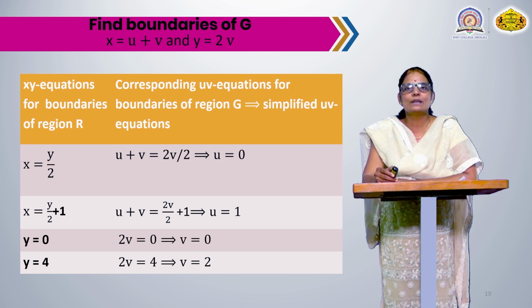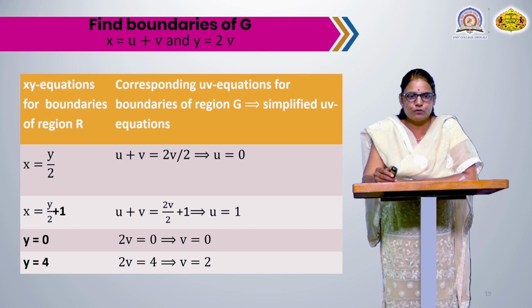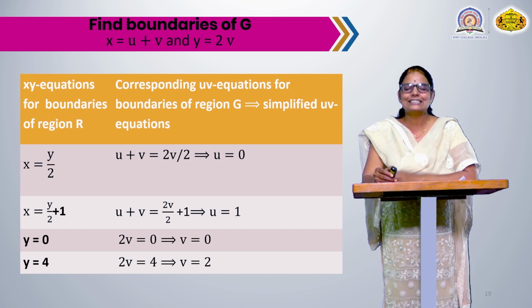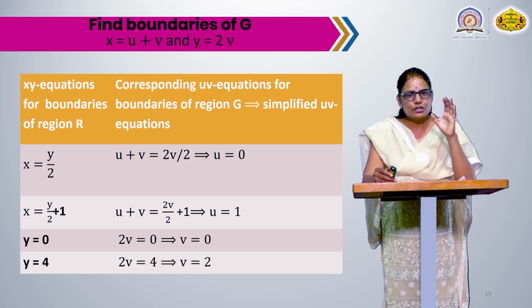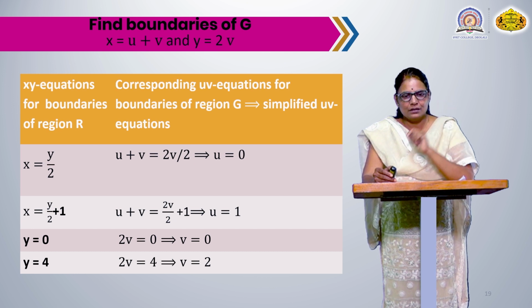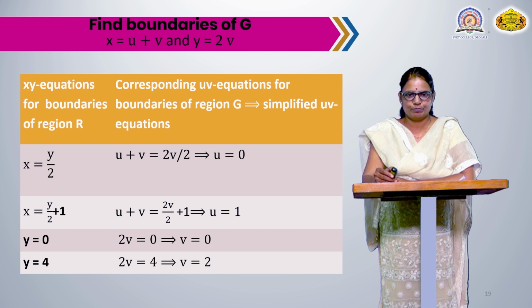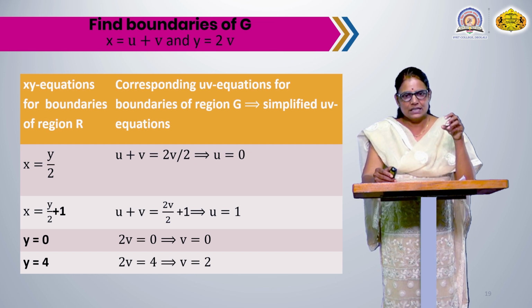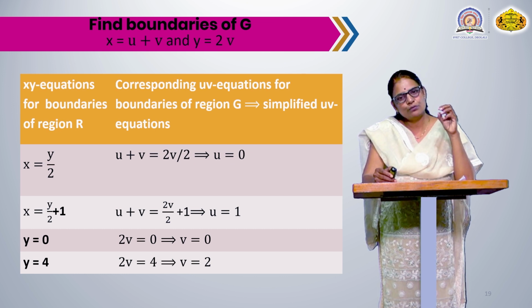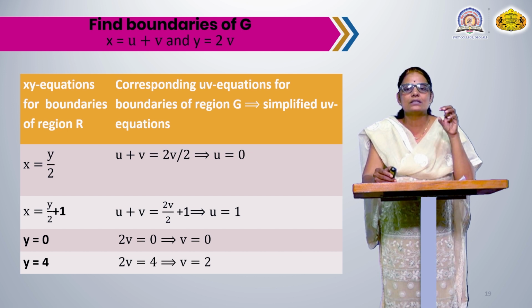The first column has the xy equations for the boundaries of region R. There are 4 boundaries: first is x equals y by 2, second is x equals y by 2 plus 1, and third and fourth. Now using the transformation we find the corresponding uv equations for the boundaries of the region G.